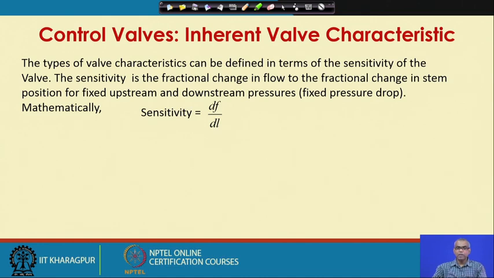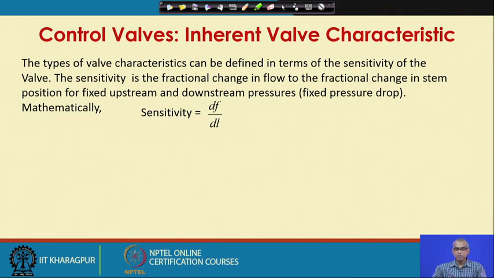The types of valve characteristics can also be defined in terms of the sensitivity of the valve. The sensitivity is defined as the fractional change in flow to the fractional change in stem position for fixed upstream and downstream pressures, that is, for fixed pressure drop.